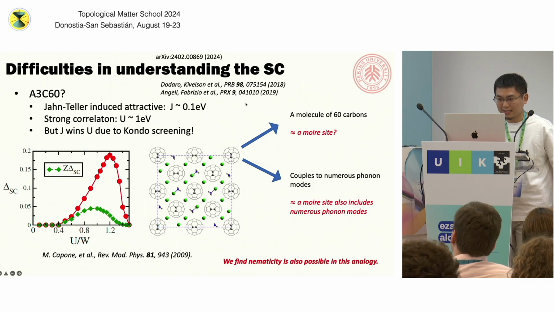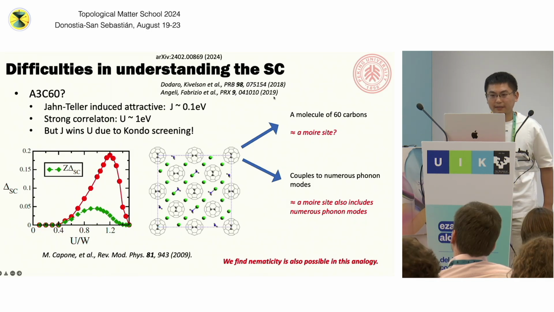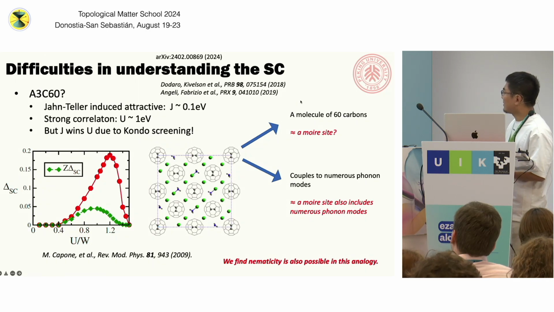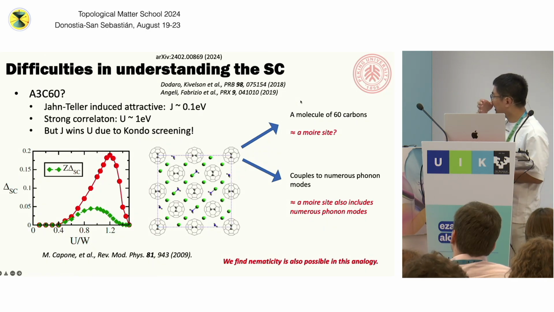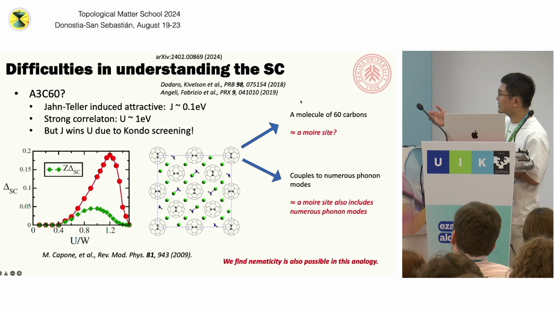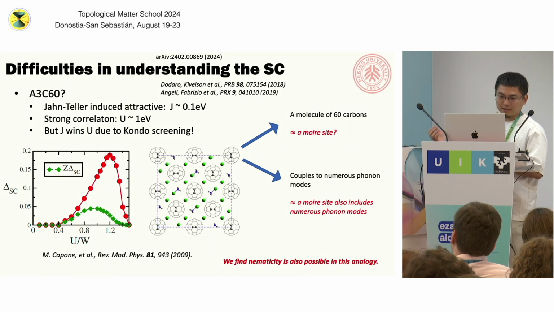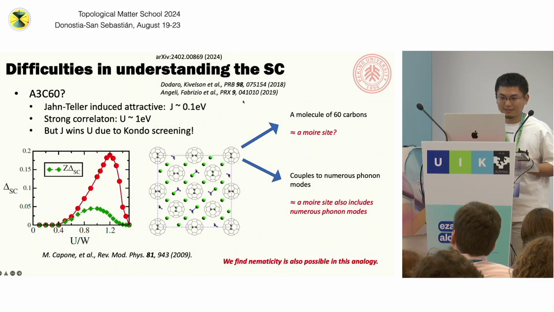And also in another paper by Fabrizio in 2019, he names the electron-phonon coupling in twisted bilayer a valley Jahn-Teller effect. I think that name also suggests a mechanism similar to the pairing in fullerides, because the electron-phonon coupling in fullerides is also called the Jahn-Teller effect.